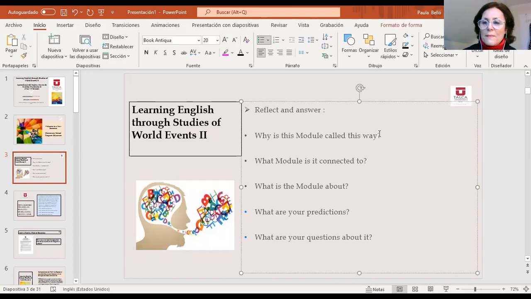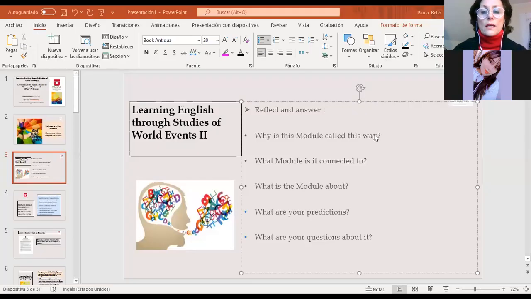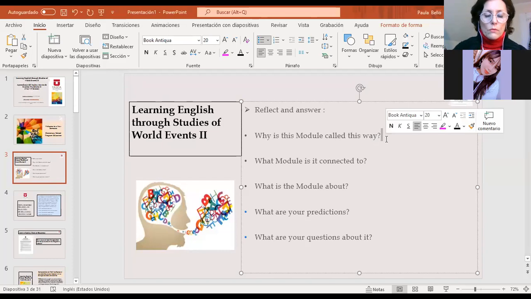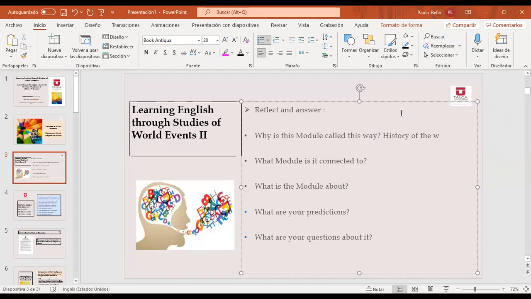I think that this module is called this way because we learn about the story of the world, the history of the world. Yes. And that was what you did the previous semester.